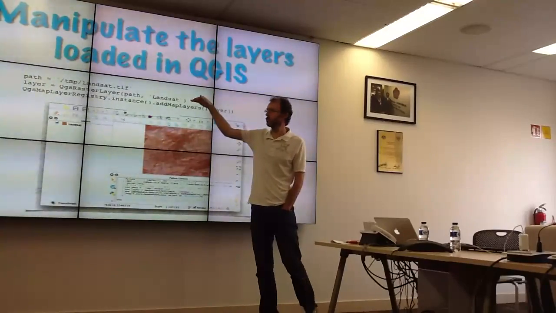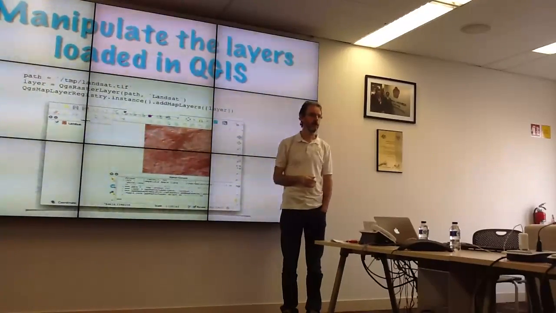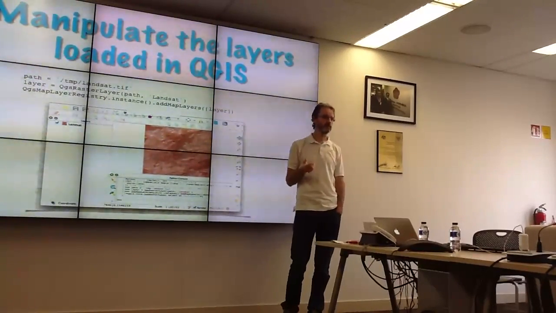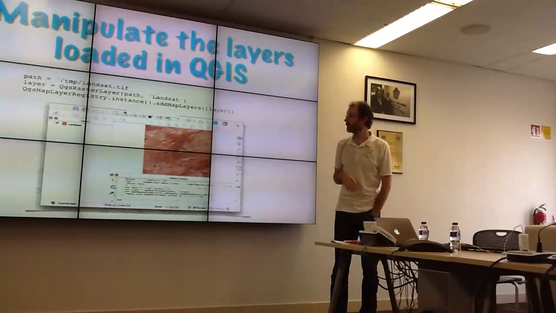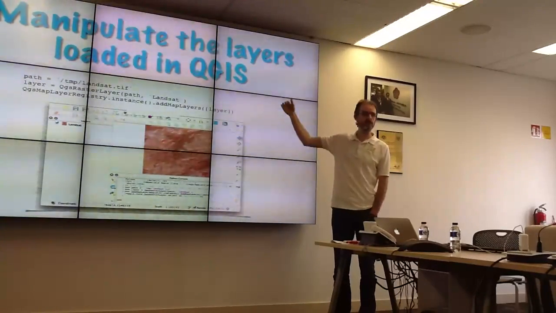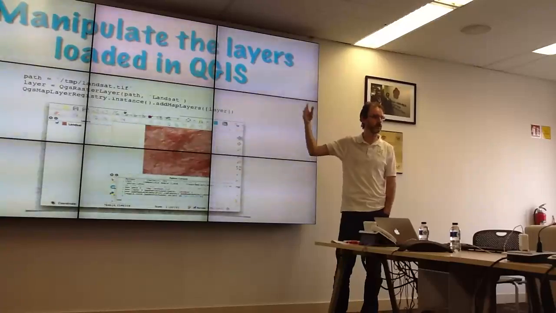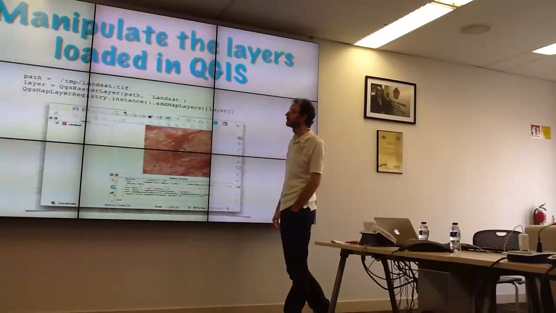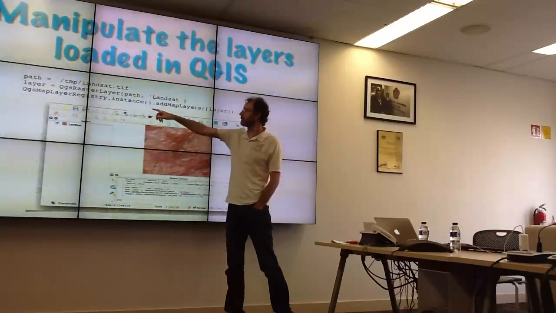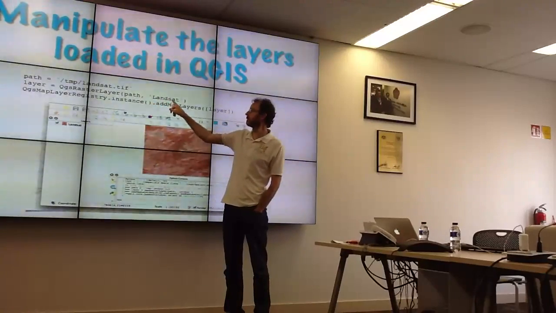So we put QGIS in front of all of our classes, and it's more of a C++ thing, I guess, that if somebody else implements a raster layer class, it won't conflict with ours because we have QGIS in front of it.